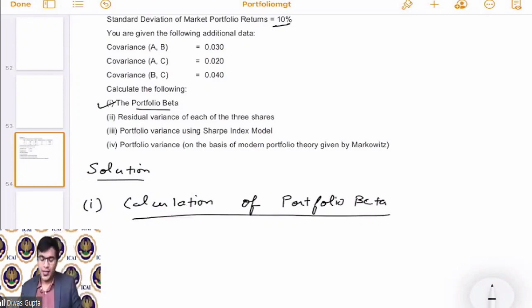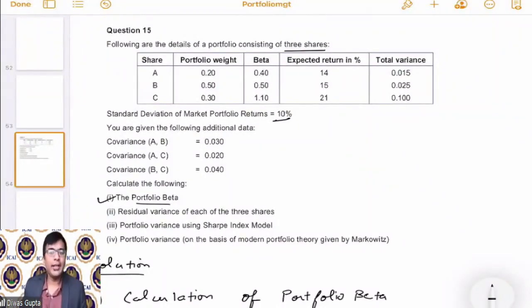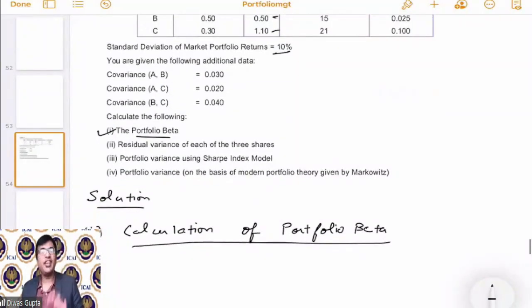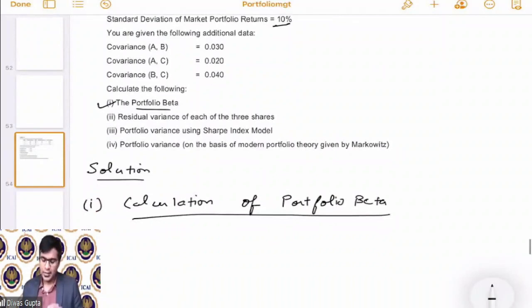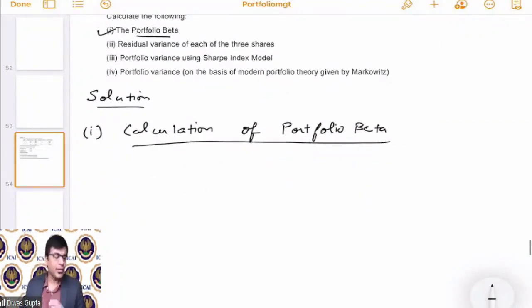Now we have been given for calculating the portfolio beta individual betas of the securities and even the portfolio weights. So portfolio beta is a very simple calculation, which is the weighted average of the betas of individual securities.